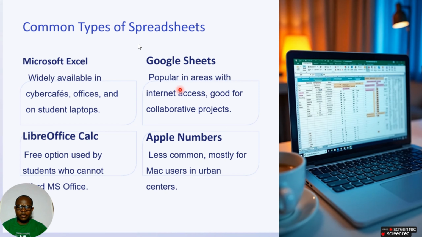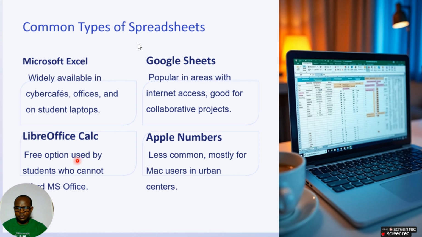While Google Sheets is also popular, of course, it's more of an internet-based spreadsheet that is hosted by Google Incorporated, and it offers the feature of allowing collaboration for project work among a team. When you want to collaborate with other members of a research work, Google Sheets is your go-to.